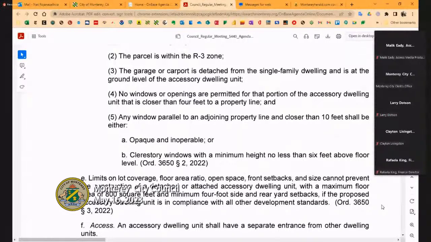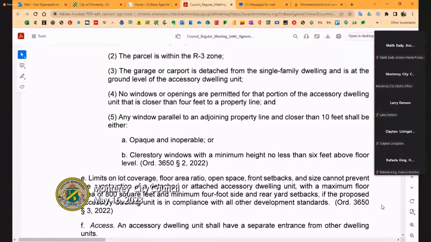So it's completely up to the discretion of the council on opaque and inoperable or clerestory windows, if you want to keep that or not. If you want something that's maybe in the middle, you want privacy, you want to keep the opaque, maybe just allow them to be operable. Because if it's operable, then you can have the correct exiting from the bedroom windows, but then you wouldn't be able to see out of them, right?